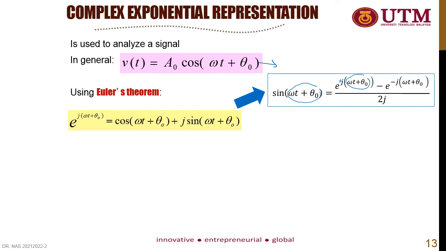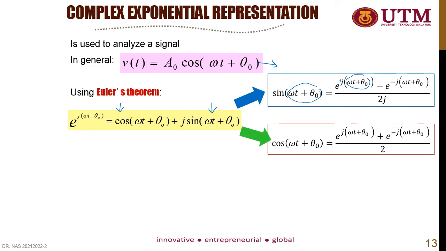This is derived from Euler's theorem. The cosine function is equivalent to e to the positive j of whatever is inside the bracket, plus e to the negative j of whatever is inside the bracket, divided by 2. So the difference between sine and cosine is that you have a minus for sine but a plus for cosine, and sine is divided by 2j while cosine is divided by 2.